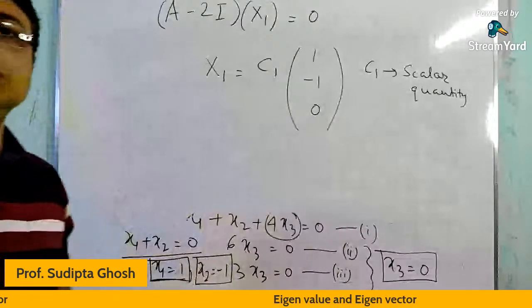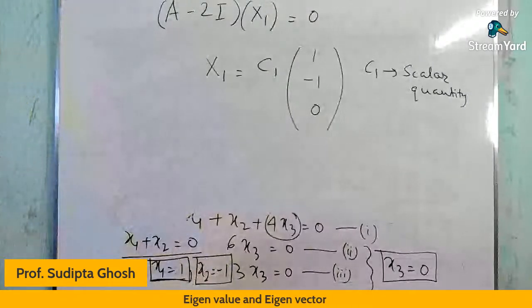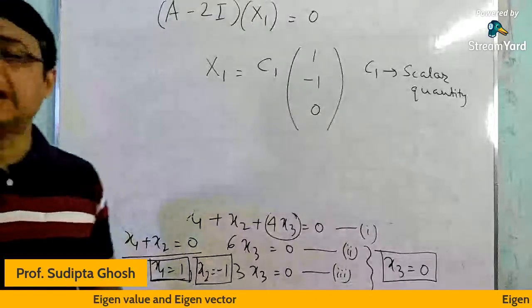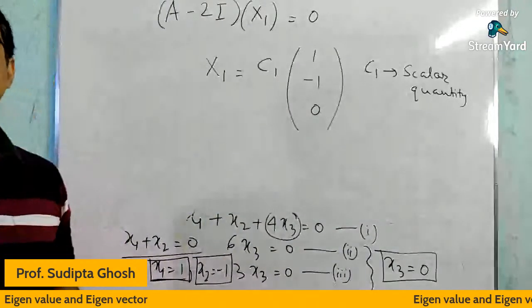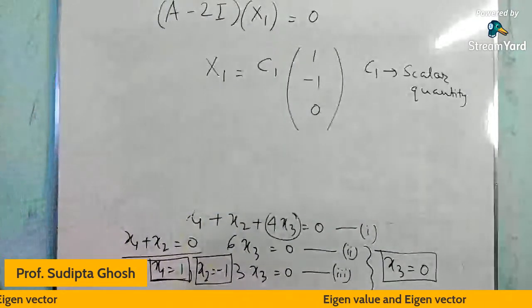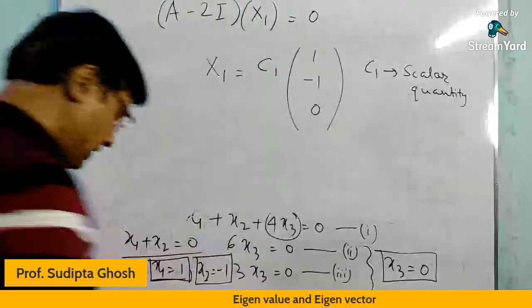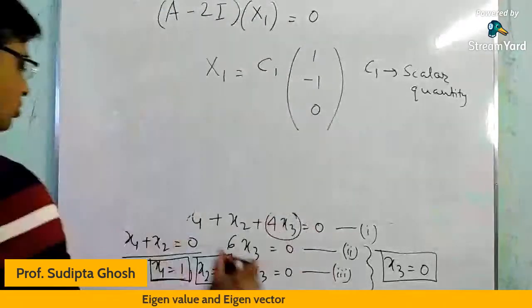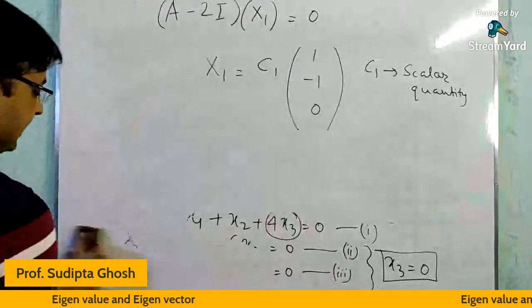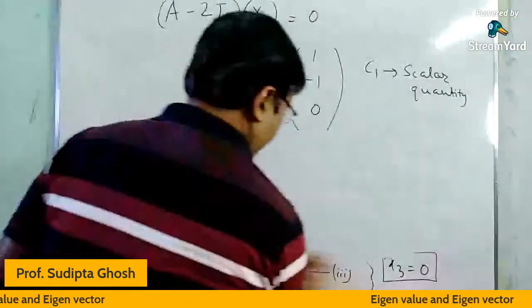So let's move on to find the second eigenvector, that is the eigenvector corresponding to the eigenvalue lambda 2 equals 3, our second eigenvalue.